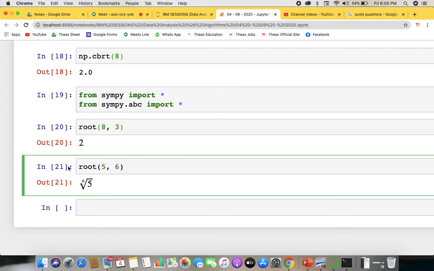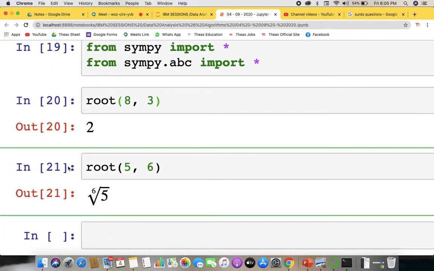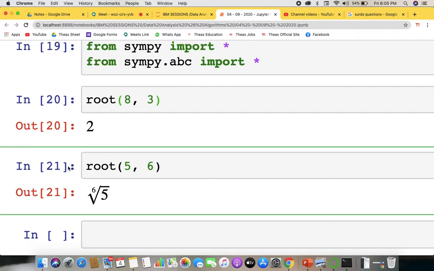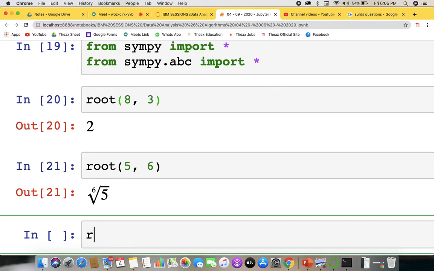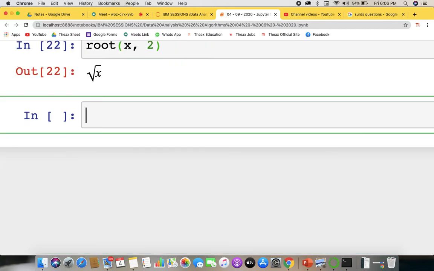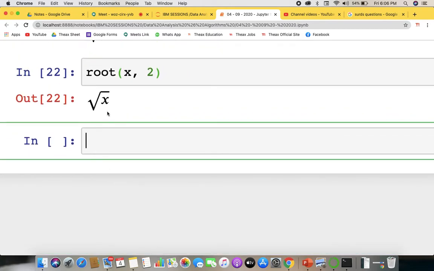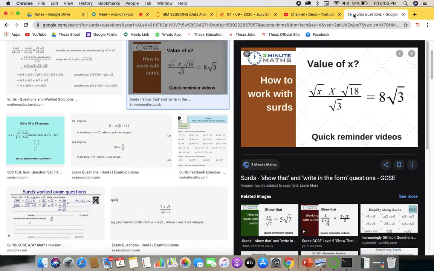Now you can write this with the root function. I'm not going to write sp and all those things. So root of 5 by 6 is the 6th root of 5. If I need to find the root of x, that's the square root of x. What is the equation? Root x multiplied by root 18 divided by root 3.